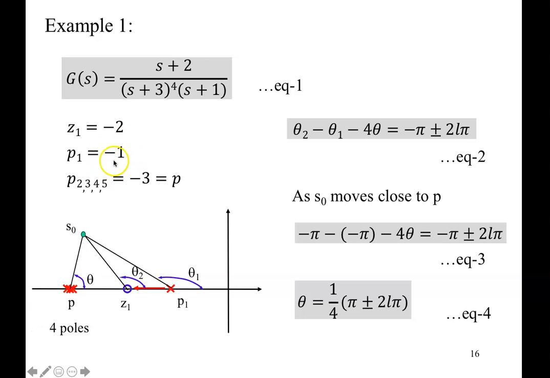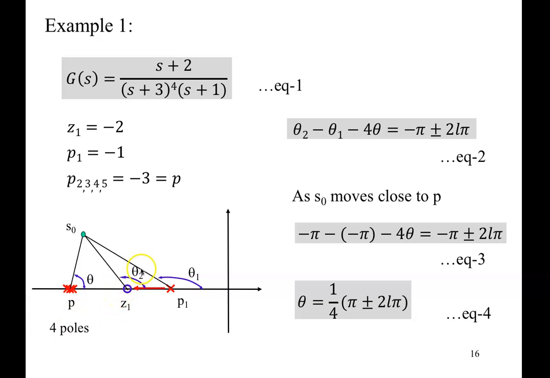But I also have s plus 3 to the power of 4, so it gives me 4 additional open loop poles at minus 3. That's my P, so R is 4 here. Okay, the rest is exactly the same.